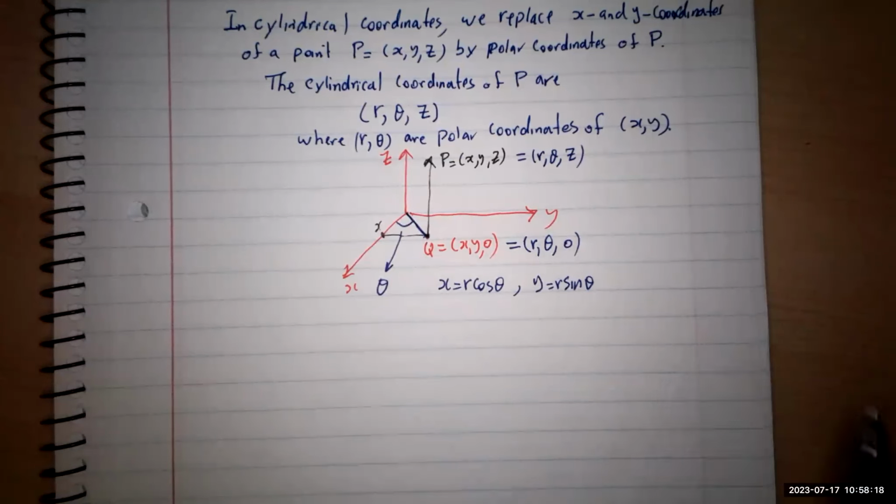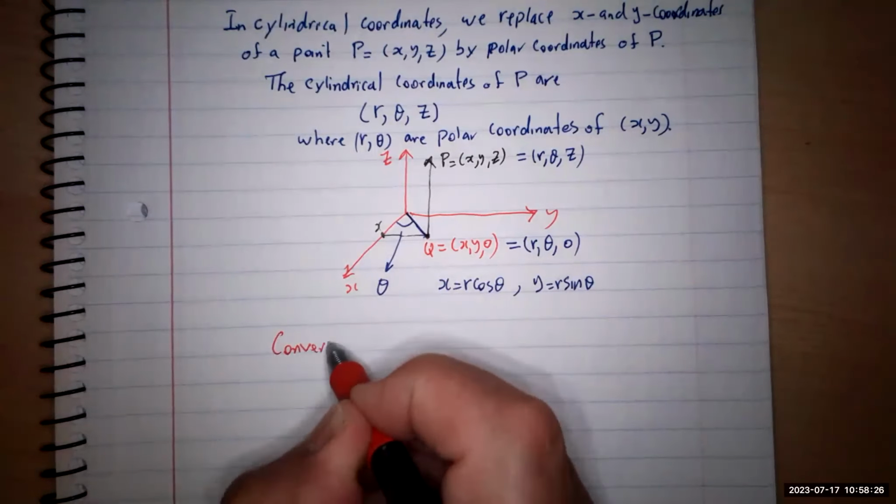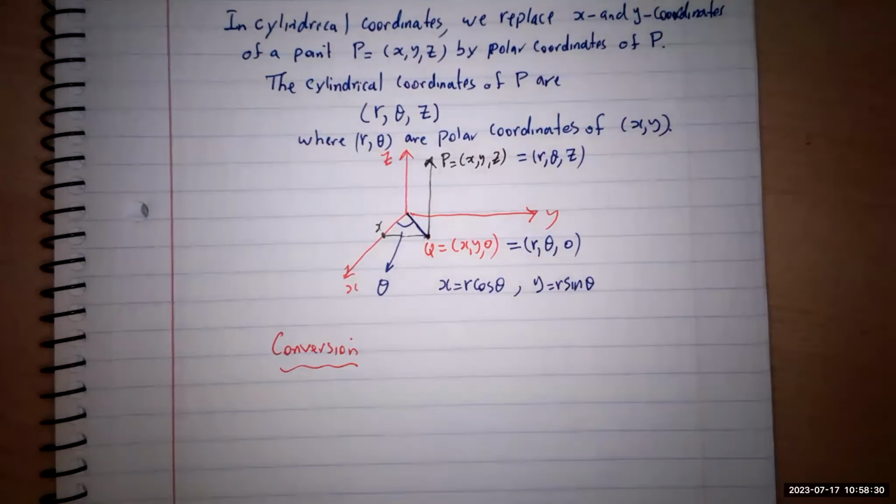Okay, now how we go from one side to the other side, do the conversion, if you like, of these, that we are going to need them. Okay, the conversion is going to be in this form.